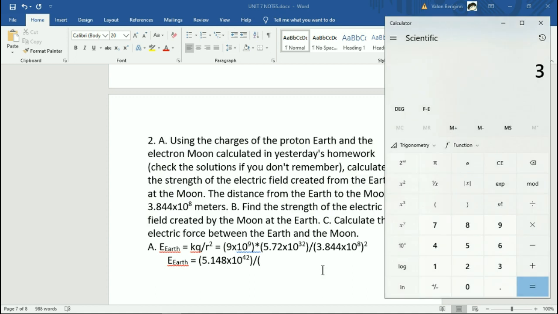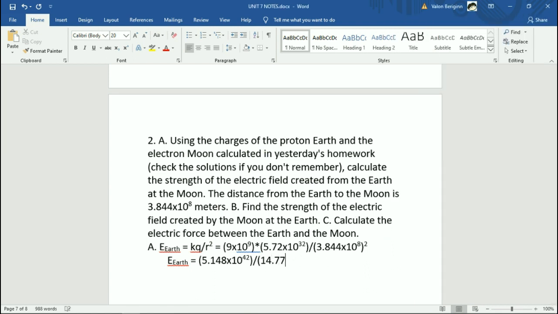So 3.844 squared, I'll do 14.776 times 10, and you're squaring the 10 to the 8, so it becomes 10 to the 16. But since we have to move this down, that means this is going to be to the 17.